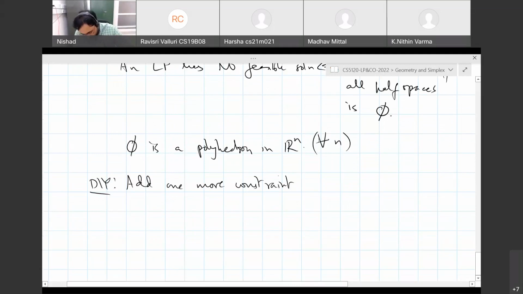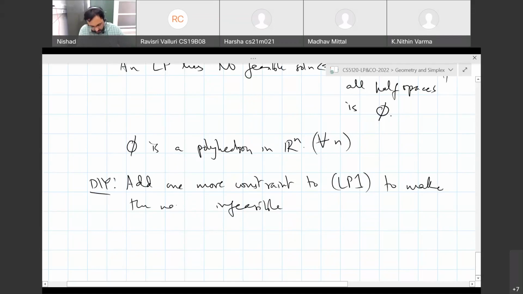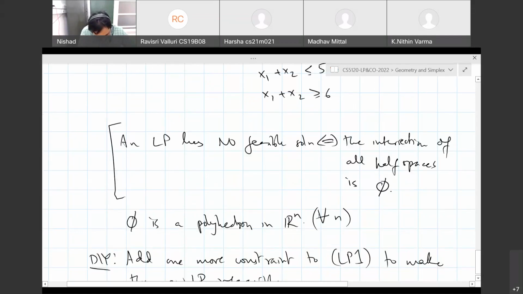Add one more constraint to LP1 to make it infeasible. Infeasible LP means one which has no feasible solutions. Such LPs are called infeasible.